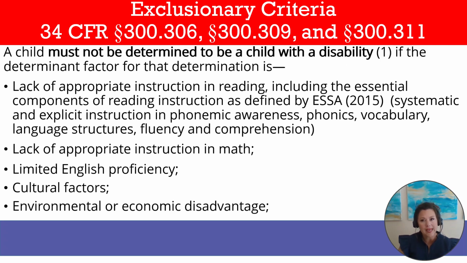Also, before making a referral, it's important to know that the child cannot and must not be determined to be a child with a disability if the reason is because they have not been provided appropriate instruction in reading.